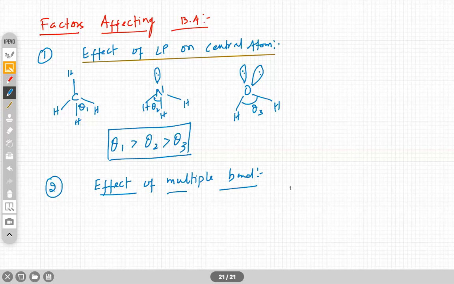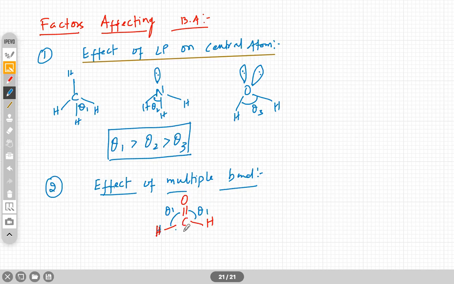More repulsion, which increases the bond angle. So if this is theta 1, this would also be theta 1, this would be theta 2. So here, because of the double bond, theta 1 is greater than theta 2. Multiple bond contains more charge, causes more repulsion, bond angle increases.